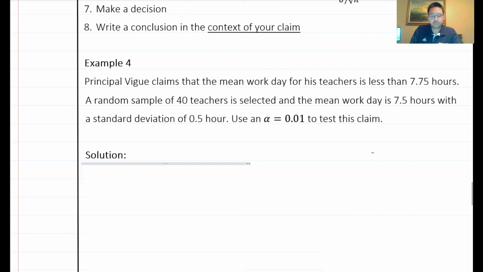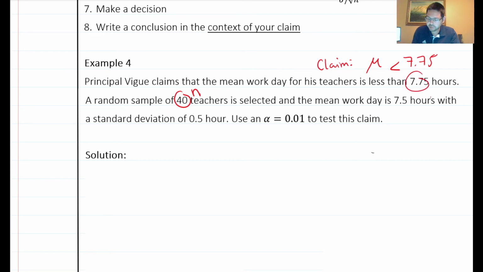So first off, normally we would ask, can we actually do a z-test for a mean? And the answer is yes, because the sample size is 40. So here we have our n, which is 40. We have our claim, which is that the average is less than 7.75. So our mu is 7.75.